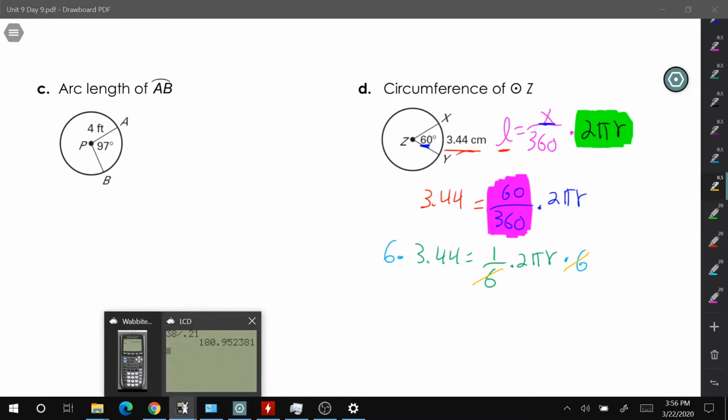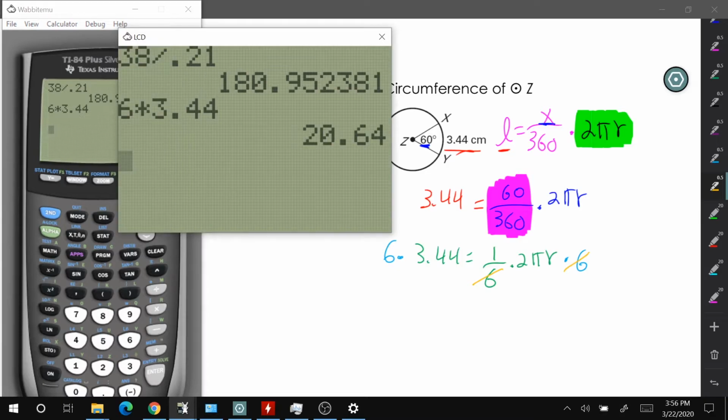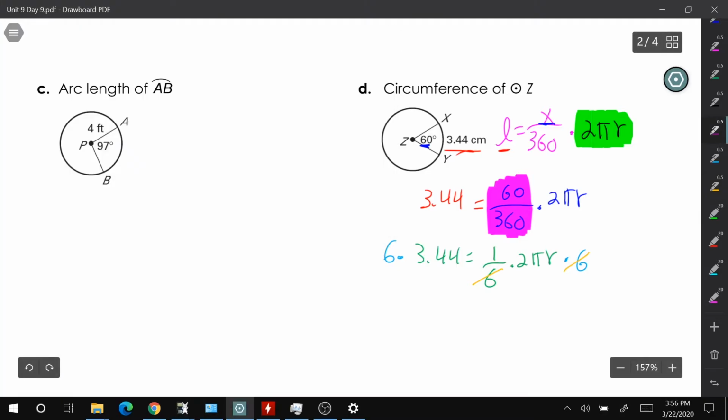So then in my calculator, I'm going to do 6 times 3.44, and that gives me 20.64. So 20.64 equals 2 pi r. Well, 2 pi r is the formula for circumference, so we are done. That is our answer.